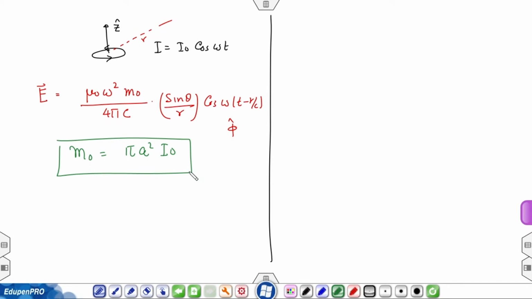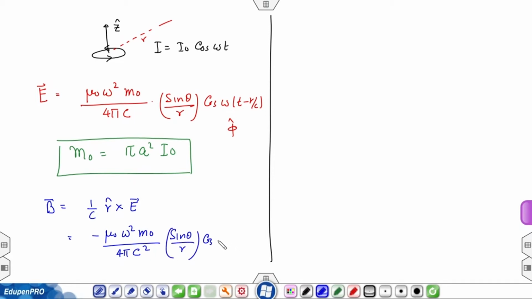Once I have gotten E, I can calculate B also from this, because this is the radiation field. B is going to be 1 over c r cross E, and this is going to come out to be minus mu naught omega square m naught over 4 pi c square, sine theta over r, cosine omega t minus r over c, in the minus theta direction.